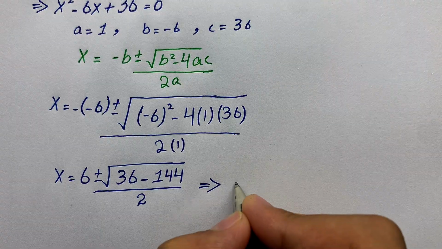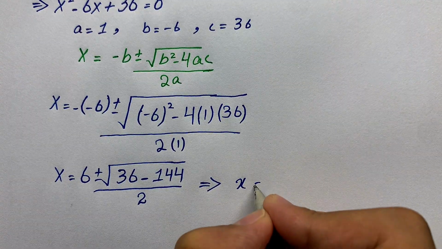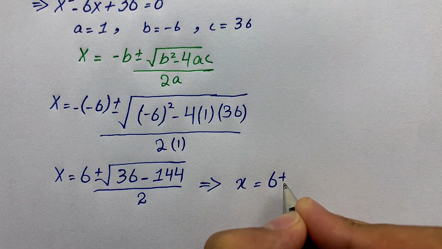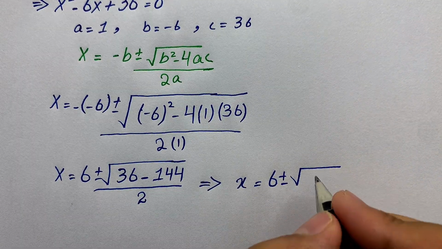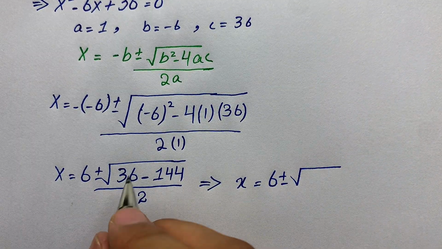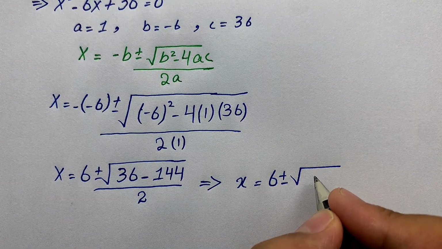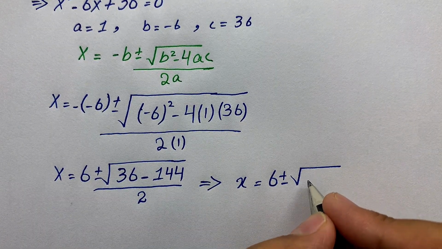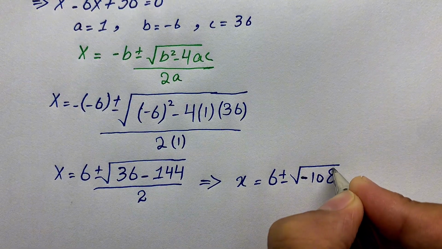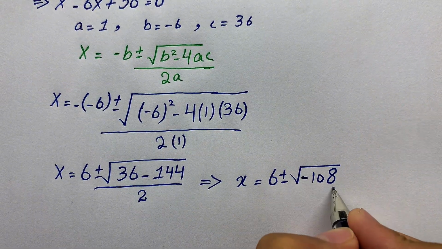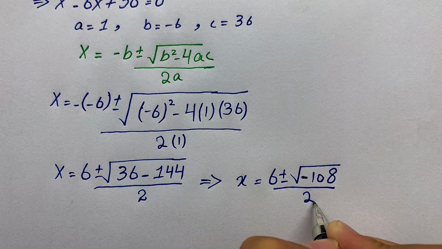Next, x is equal to 6 plus minus the square root of 36 minus 144, which is minus 108, divided by 2.